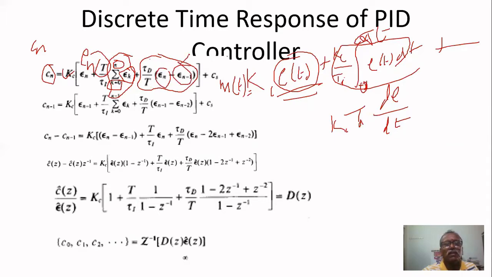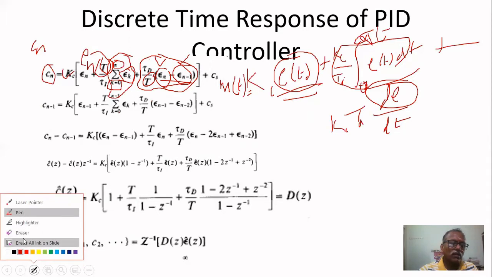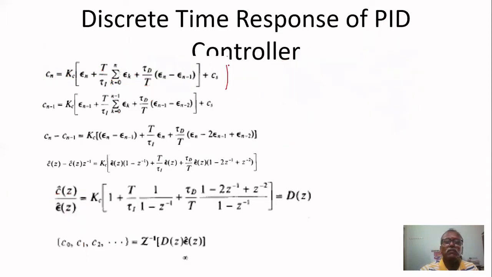So past error and present error, the difference gives the change in error, divided by the sampling period T, that is taken outside. In integral mode, we have to multiply by T to find the area. Here, to find the difference with respect to time, we have to divide by the sampling period. So you are getting the expression for position form. This is called the position form, total controller output. This is the bias value.